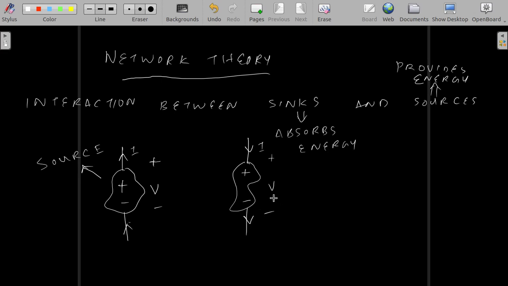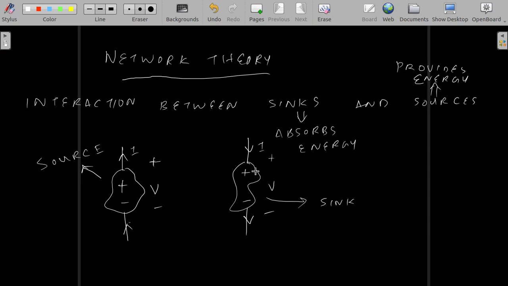And if the current is leaving from the negative terminal or the lower potential, or the other way around, if it is entering from the positive terminal or the higher potential, this is called a sink.